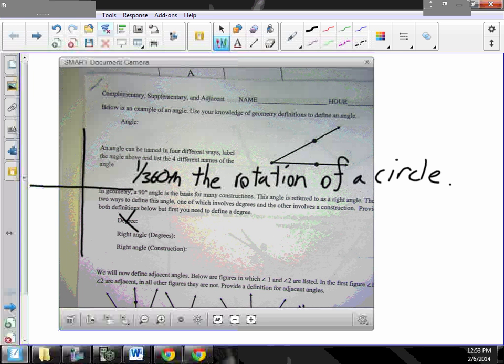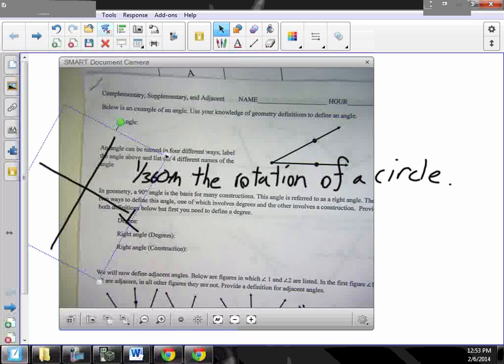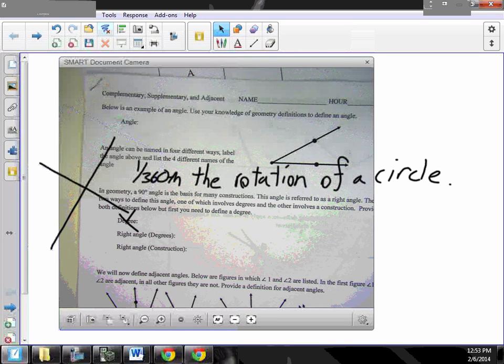But our definition has to include all right angles and exclude all non-right angles. Does that include all right angles? No. It does include one of them, but not all of them. So if I were to tilt that figure a little bit, all of a sudden the definition no longer works.